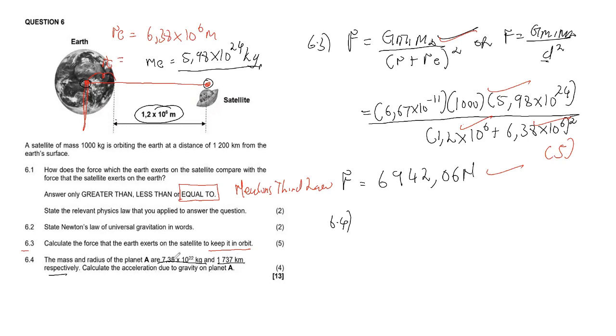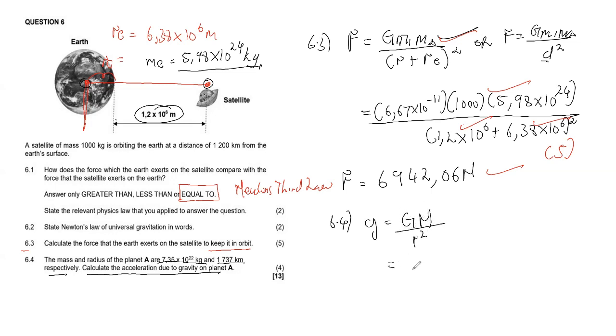Now calculate the acceleration due to gravity on planet A, right? So which formula should we use here? To calculate the acceleration due to gravity, we know the formula that is applicable is this one. g is equal to GM over r squared.